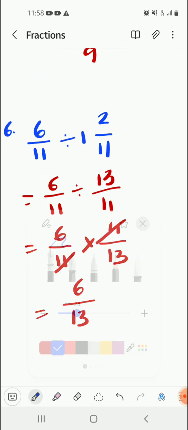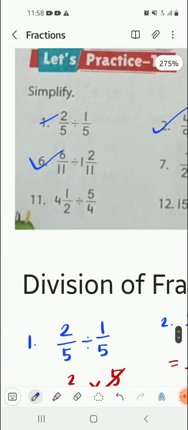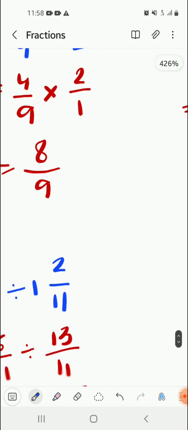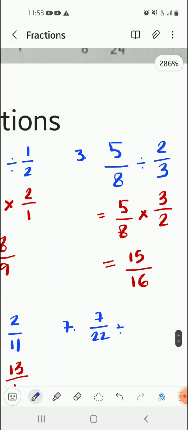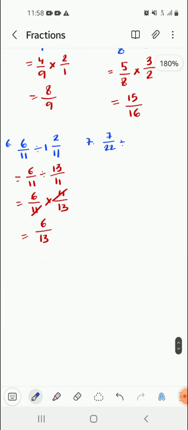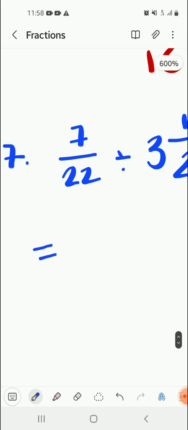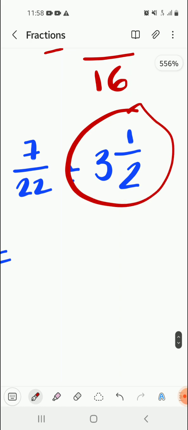Moving on, number 7. 7 by 22 divided by 3 1 by 2. Over here, first we are going to convert the second fraction into an improper fraction.